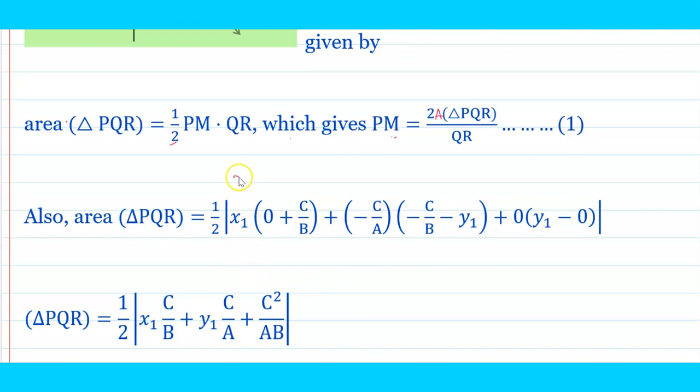The formula is x1(y2 - y3) + x2(y3 - y1) + x3(y1 - y2), all multiplied by 1/2.